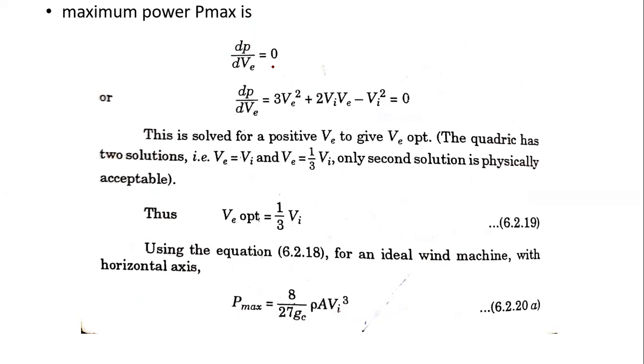After differentiating, 1 by 4Gc is a constant term, and rho into A is also a constant term. The remaining term is 3Ve square plus 2ViVe minus Vi square is equal to 0.